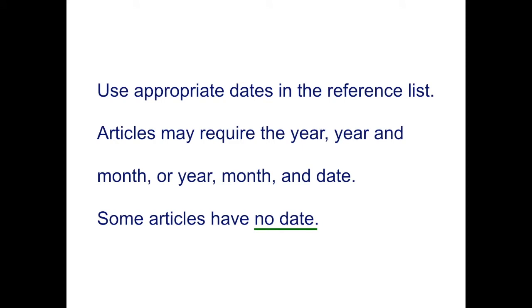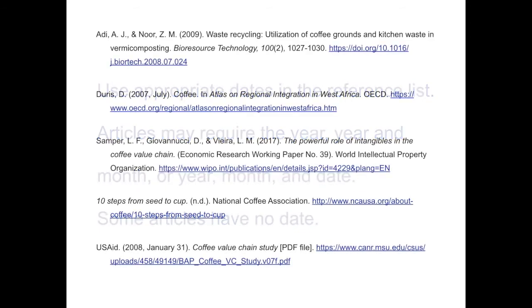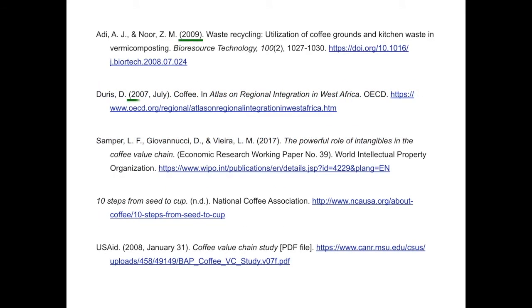On occasion, you may not be able to find the date that the article is written. In that case, as we've seen before, you just put in N period D period for no date. And here we can see some of those dates.